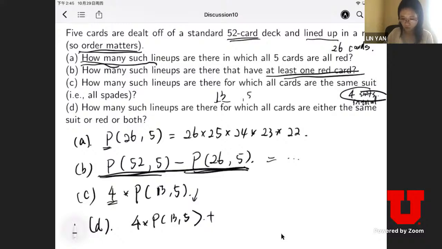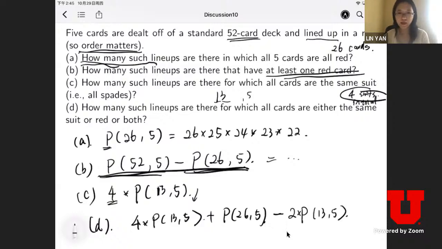And this is the number of lineups where the five cards are all red. And because we have 2 suits that are red, they were counted once in the first item and once in the second item, so we need to subtract this one overcount.